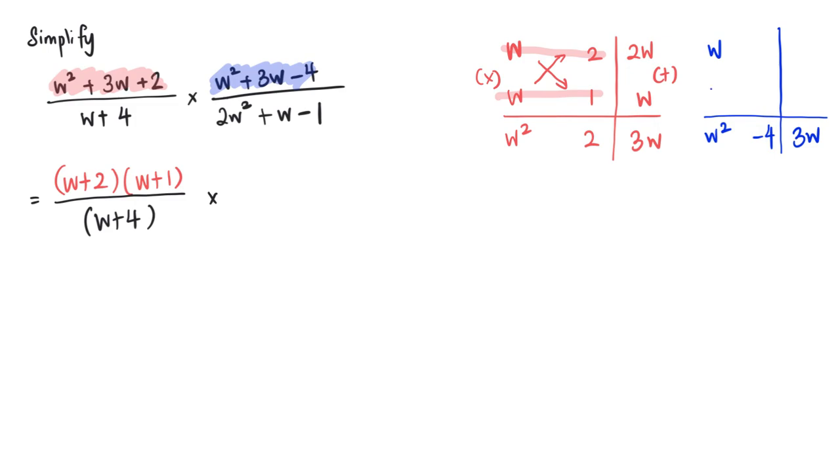So w times w will give me my w squared. And I notice the negative, meaning I must choose 1 times 4 or 2 times 2, which pair will be able to give me a 3 if I minus them. Yes, 1 and 4.